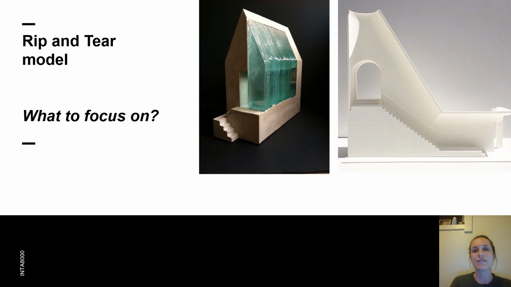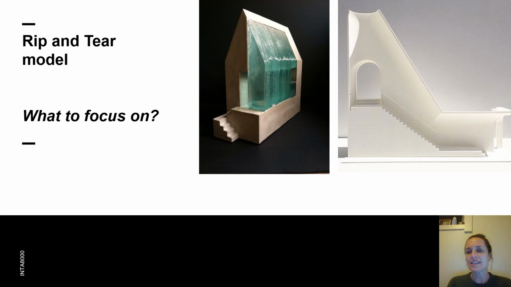So if we have a look at the model on the left, this to me is a combination of both form, kind of solid and void, and materiality. So you get this very heavy form showcased in the concrete or the plaster, and then something heavy but translucent in material quality showcased in the resin. So this is about form and materiality and probably light as well.